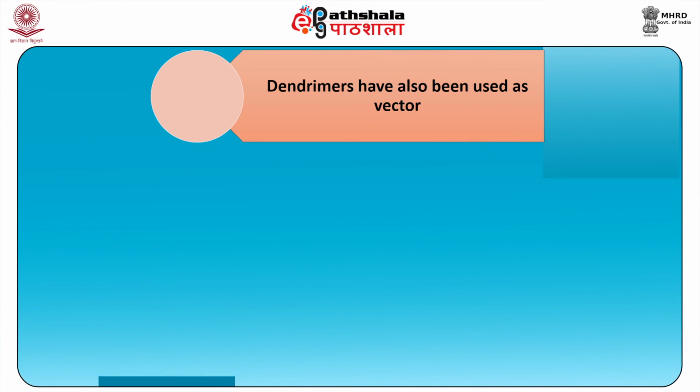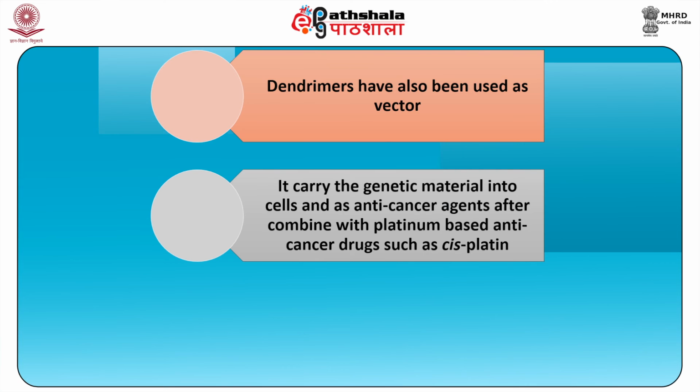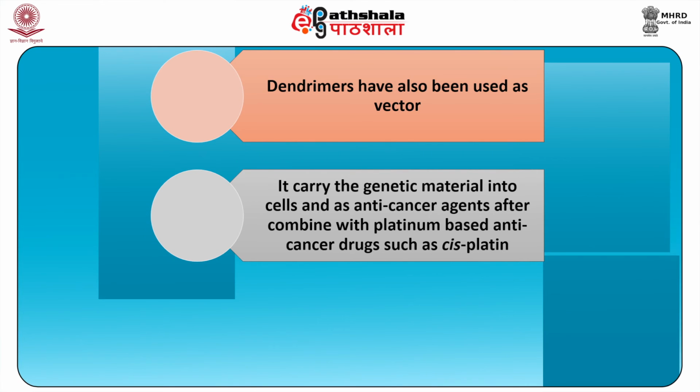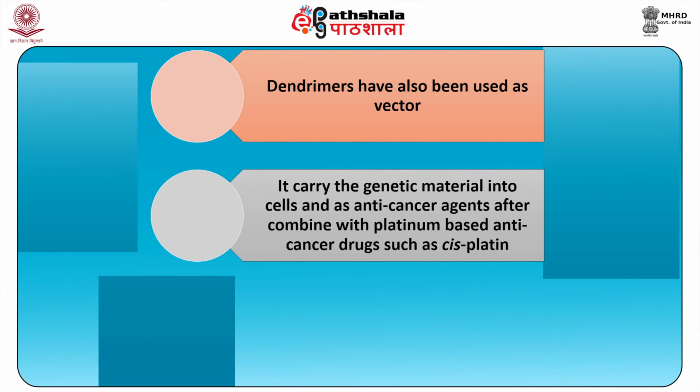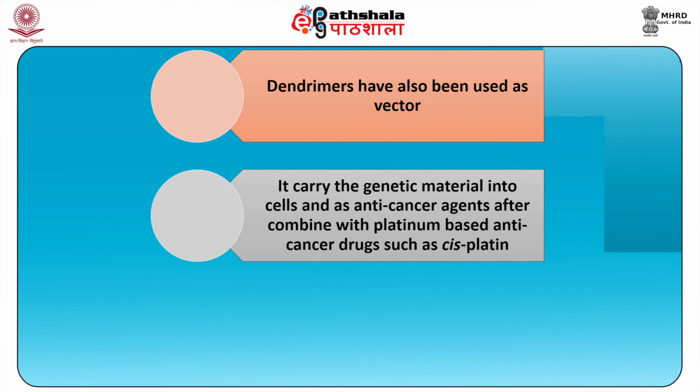Dendrimers have also been used as vectors. They carry genetic material into cells and act as anti-cancer agents after combining with platinum-based anti-cancer drugs such as cisplatin.